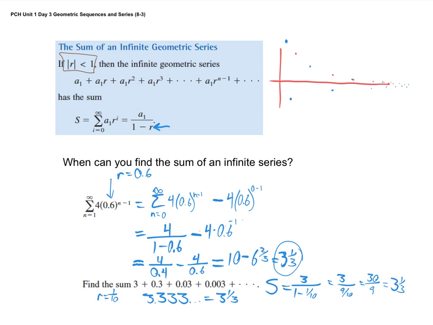All right, any questions, comments, anything? Yes? Are they ever going to make it so you have to find a sum from 5 to infinity? Possibly, but that's kind of what Ben was asking about. If you want 5 to infinity, you can just do the sum from n equals 0 to infinity, and then subtract the sum from n equals 0 to 4.